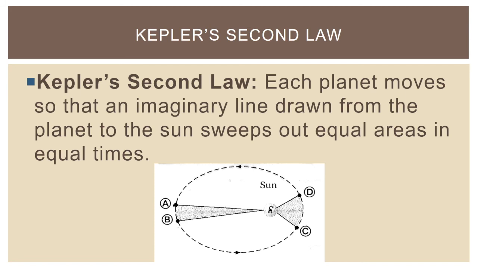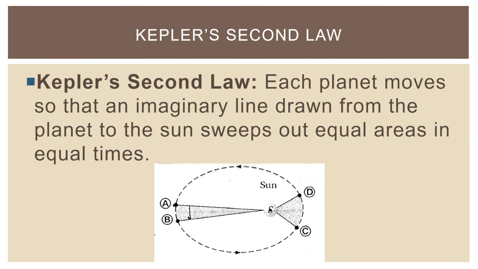When we say swept out, it basically just means this area is created, right? Because when the object is just at A, the line between the planet and the Sun is just a line. But when it moves from A to B, it sort of drags out an area. The area gets bigger and bigger as the object, the planet here, moves from A to B.